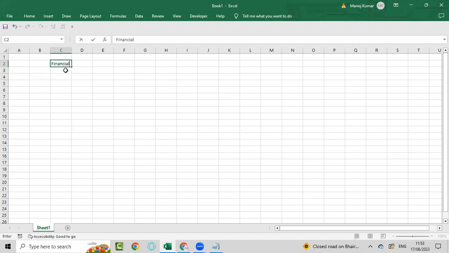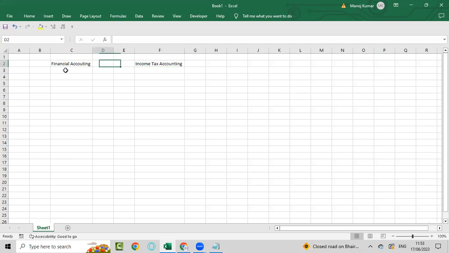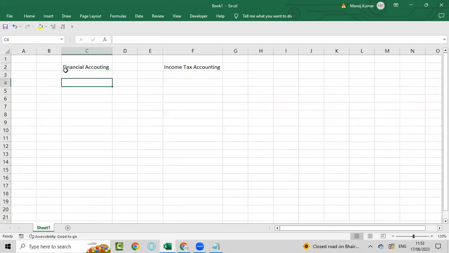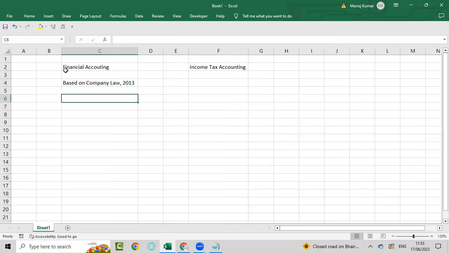So one we have financial accounting, and then here we have income tax accounting. Financial accounting is based on Company Law 2013 and this is based on estimates, accrual accounting, and provisions.